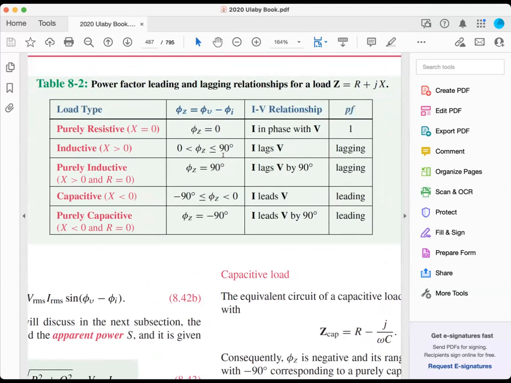And this is, I forget whether it's lagging, so I will be lagging V. It's the comparison between I and V. So with this power factor, we can look at it to determine how much it lags as well.